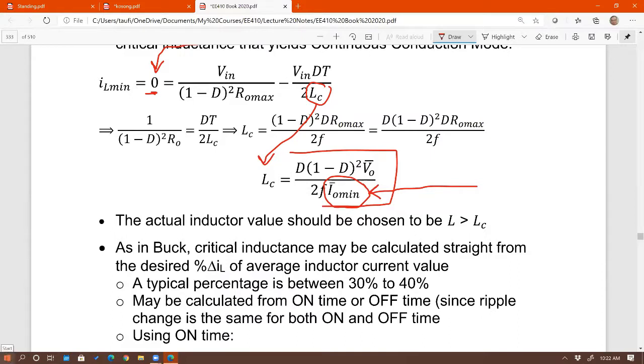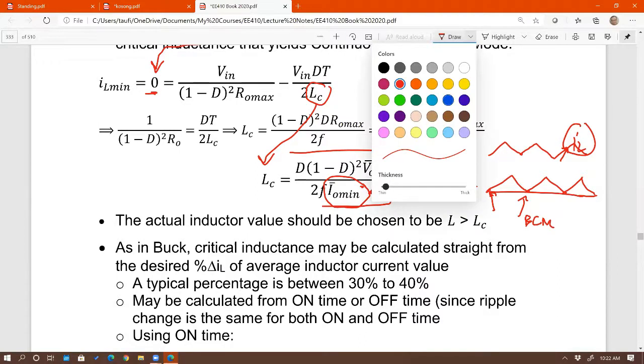So this I out min refers to the value when IL is reaching boundary conduction mode. Remember, this is I out, this is IL, two different things. So as I out is being decreased, inductor current will also decrease accordingly. And if you keep decreasing I out, then eventually IL is going to reach BCM, IL min is going to be equal to 0. When that happens, that's what I out min is.